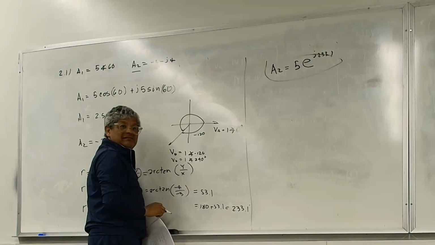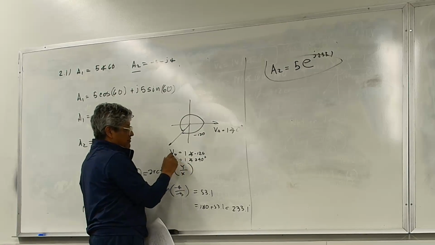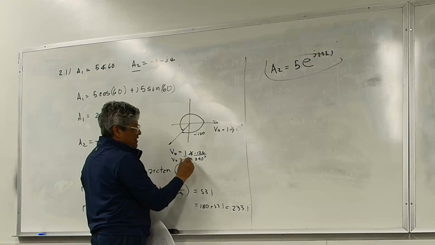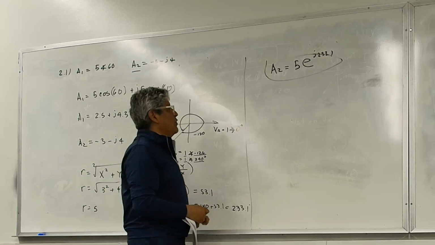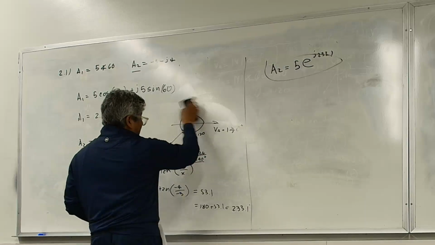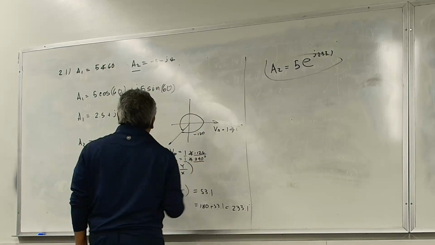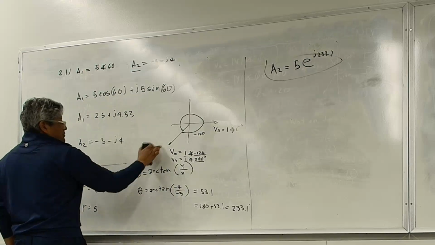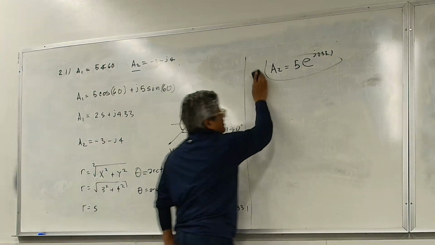Make sense? If I enter the phasor 1 angle minus 120 on the calculator, or 1 angle 240, it's the same thing. So if you are a little skeptical about where your angle should be, you can use the rectangular form just to line you up on the right quadrant. But I don't think you're going to need any of that.